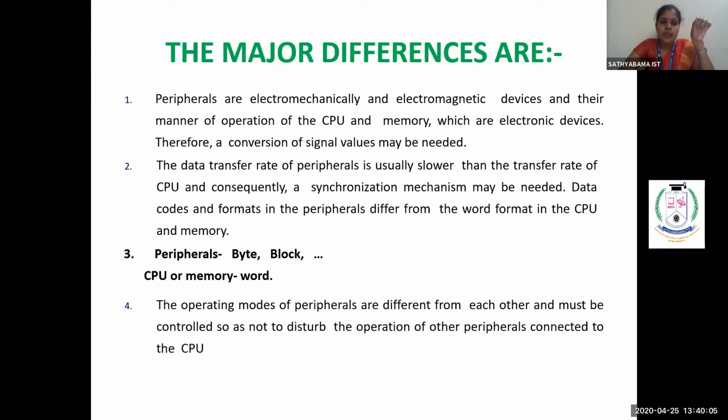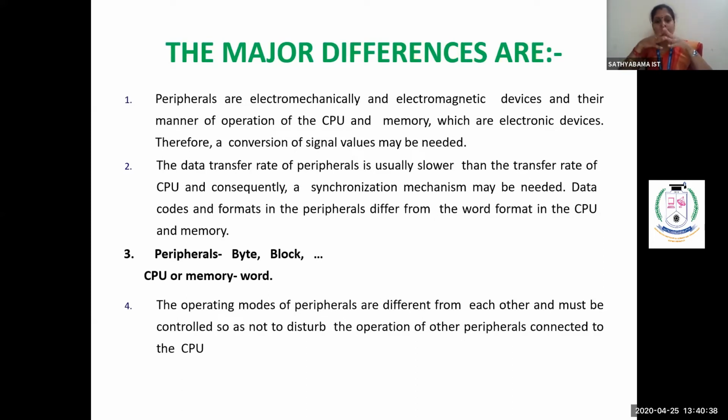Suppose we take a peripheral and the CPU. Peripherals are electromechanical or electromagnetic devices, but the CPU is an electronic device. In that case, you're not able to send data from the peripheral to the CPU directly, because one is electromechanical or electromagnetic and the other is electronic. Both are different, so you need a communication link in between.